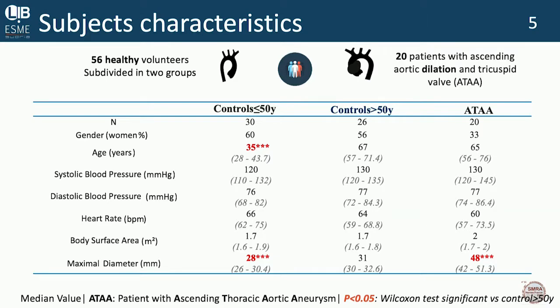Regarding our dilated group, it is interesting to note that there is no statistical difference between this group and the other groups in terms of age, systolic blood pressure, and body surface area.